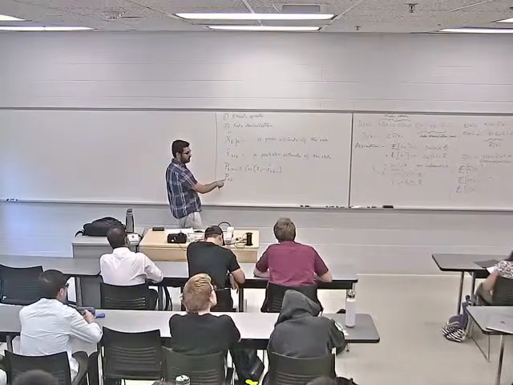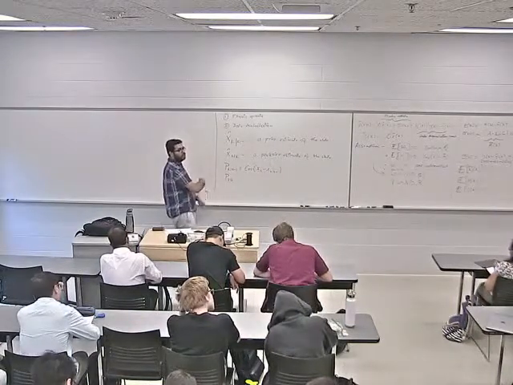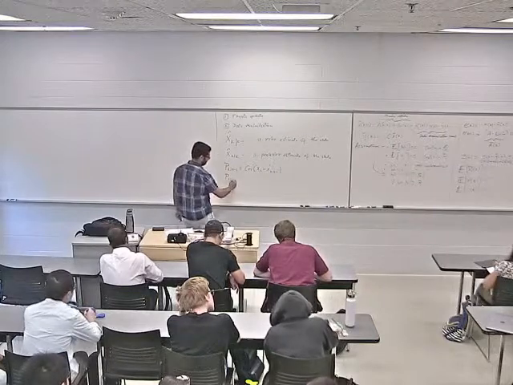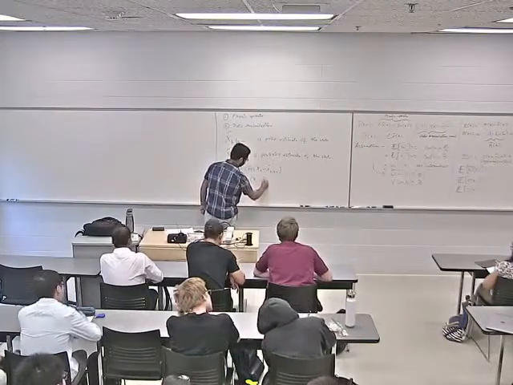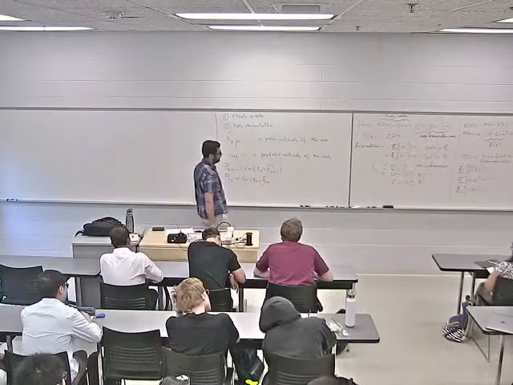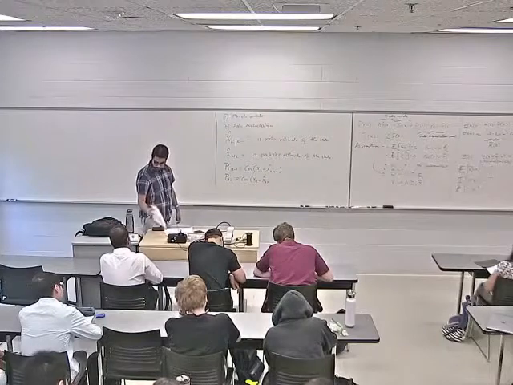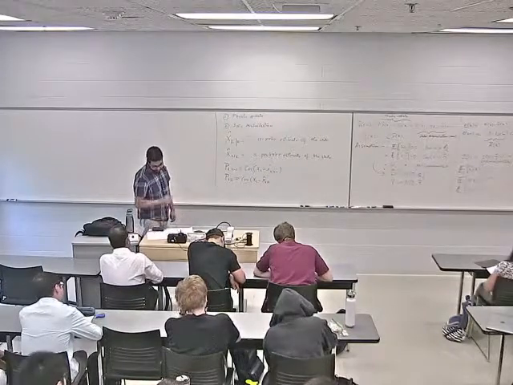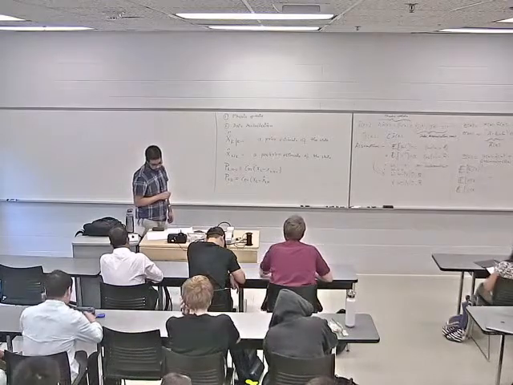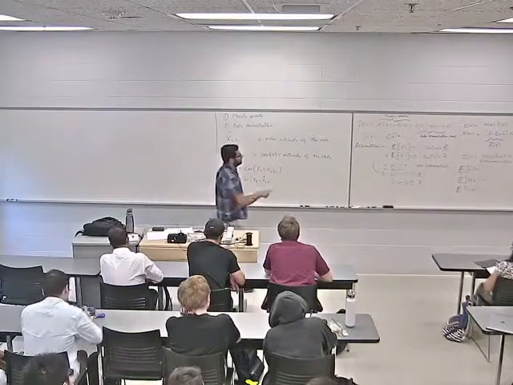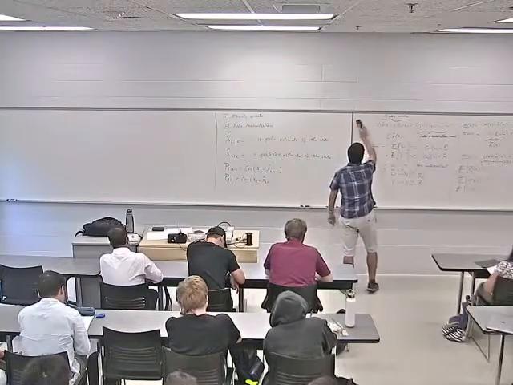The error covariance at step K, given all the information till step K, is going to be the covariance of X of K minus X hat K given step K. Okay, so that's fine. Let me erase this stuff. The assumptions are again going to be the same.